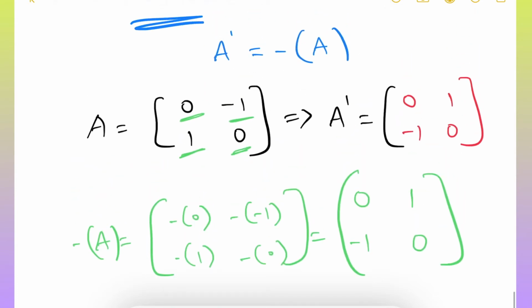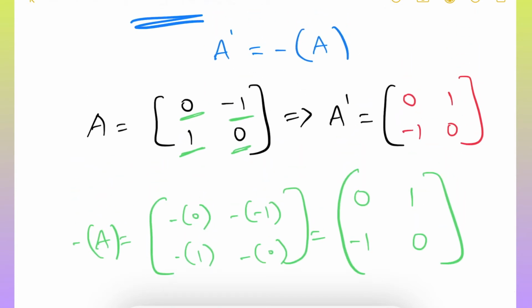Now if we observe both answers, A transpose as well as minus A, both are the same. So if A transpose equals the negative of the matrix, then that type of matrix is a skew symmetric matrix. The next topic we will discuss is equality of matrices.